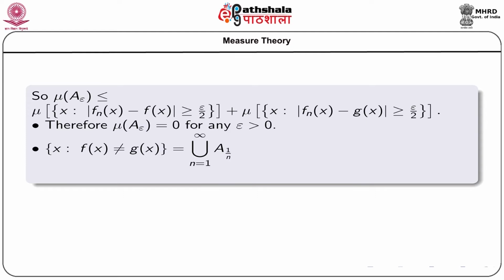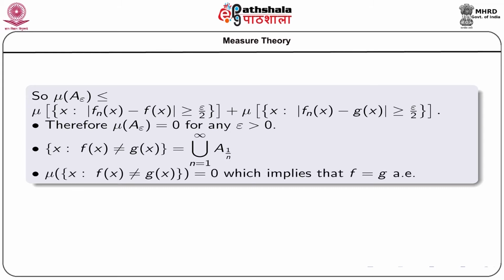Now, by the above observation, every set of the form A_{1/n} has measure 0. So, their countable union also has measure 0, and consequently, we have mu of the collection of all x where f(x) is not equal to g(x) is equal to 0, which implies that f equal to g almost everywhere.